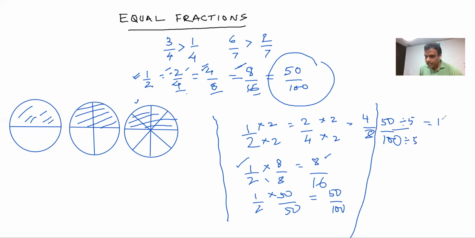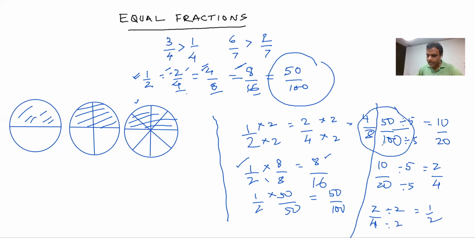So this will become 10 upon 20. Now 10 upon 20, again, let me divide by 5 in the numerator and 5 in the denominator, I get 2 upon 4. If I further divide 2 by 4 by 2 in the numerator and 2 in the denominator, I get 1 by 2.